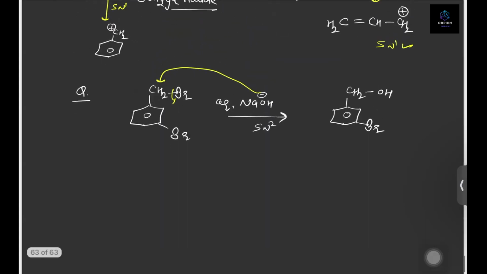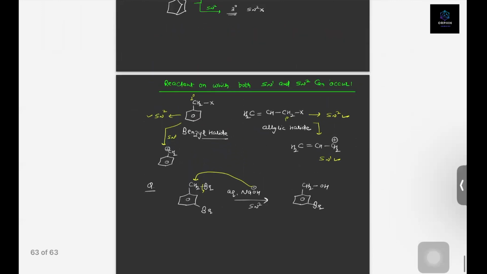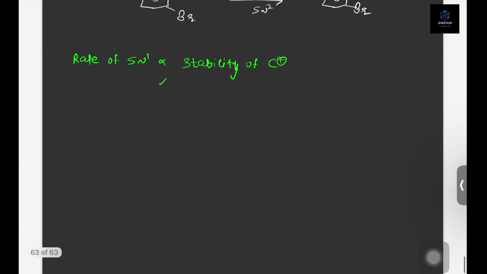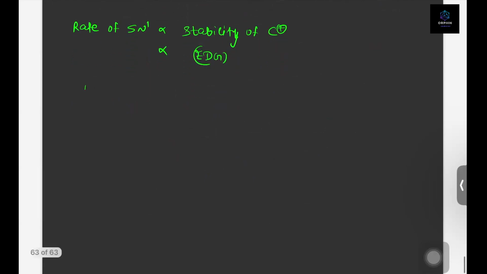Now, almost covered. One last thing: the rate of SN1 is directly proportional to the stability of carbocation. I have told this many times, and we can say it is also directly proportional to electron donating groups. If we talk about the rate of SN2, that I haven't told.